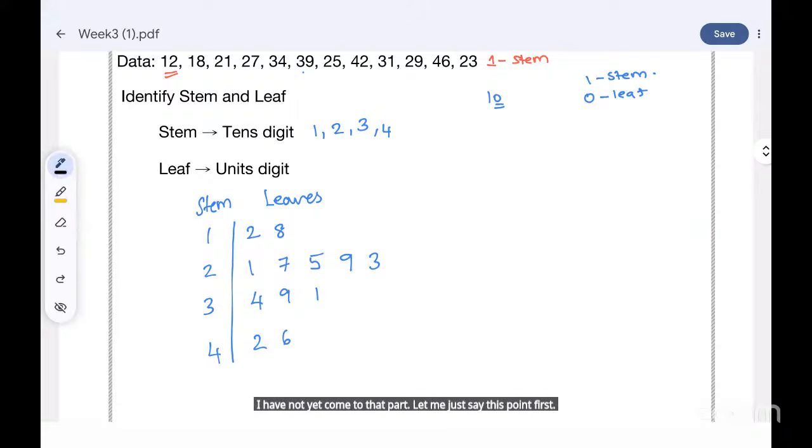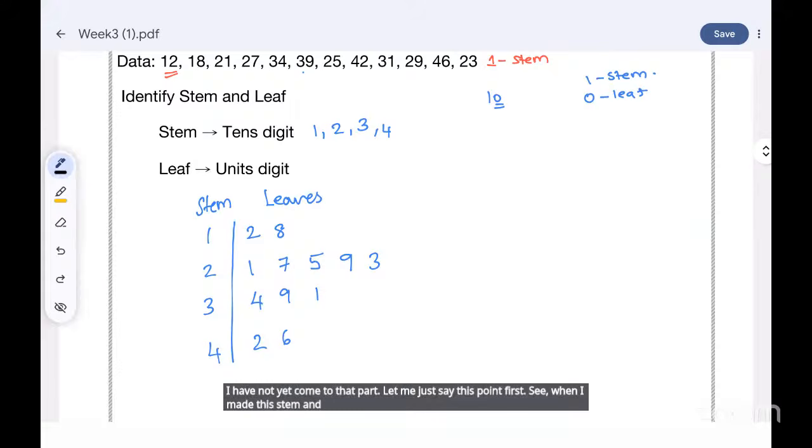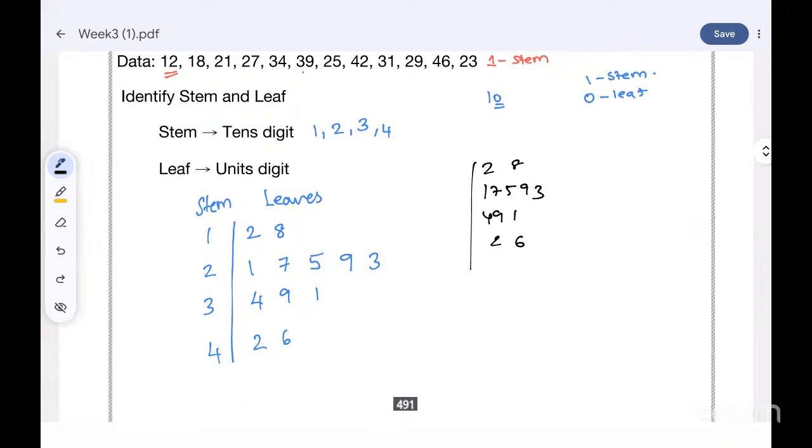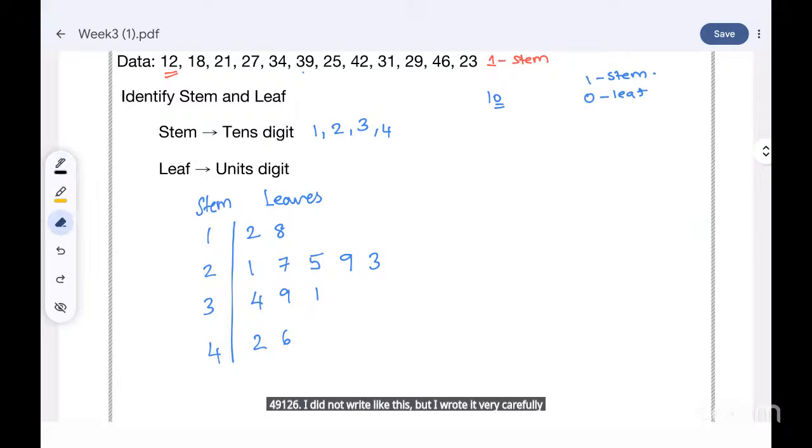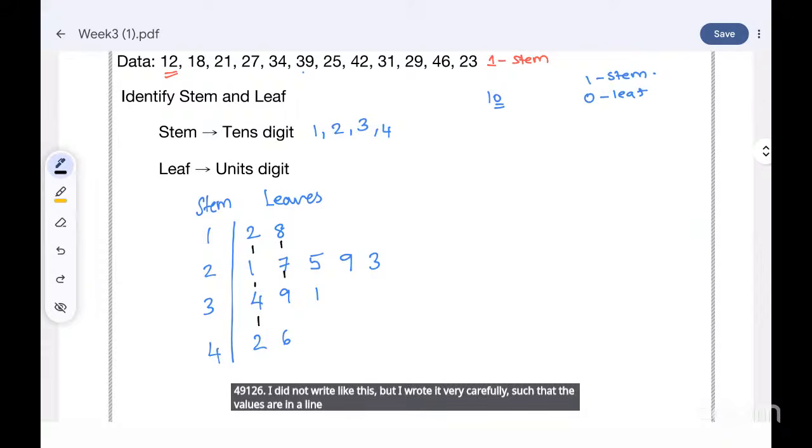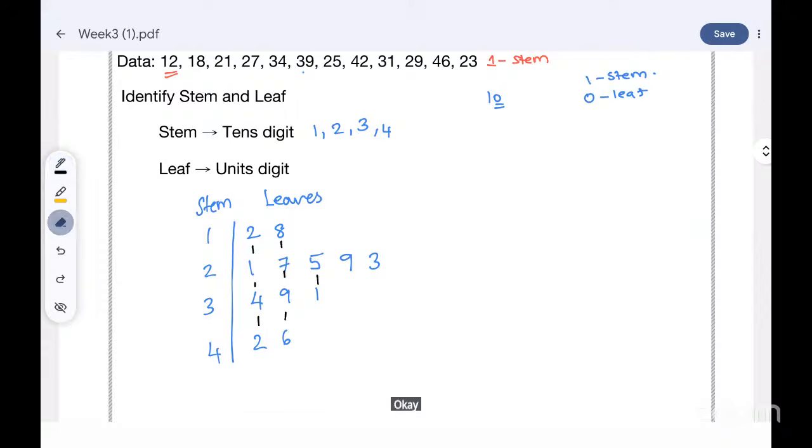When I made this stem and leaf plot, be very careful that when I'm writing it, I did not write it like this: 2, 8, 1, 7, 5, 9, 3, 4, 9, 1, 2, 6. I did not write like this. But I wrote it very carefully such that the values are in a line. The reason for this you will understand shortly.